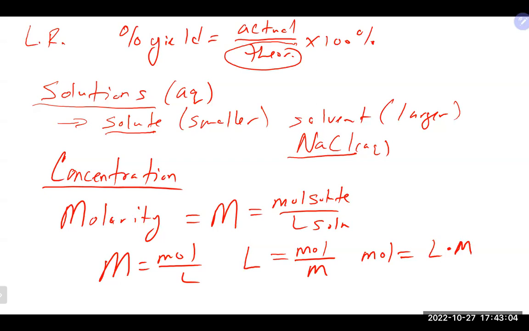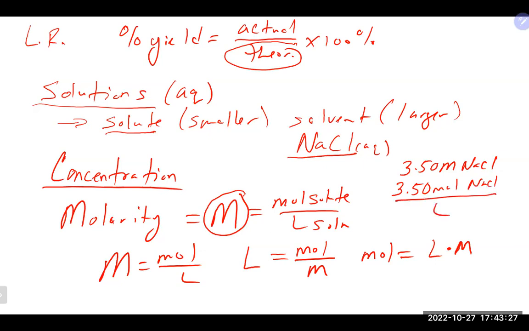We also talked about kind of the importance of sort of getting rid of the big M, especially when you're doing calculations, so that you could see both of the units and stuff like that. So if you had your 3.5 molar sodium chloride solution, it is best to just convert that into 3.5 moles of sodium chloride per liter. So that moles per liter is what the big M stands for.